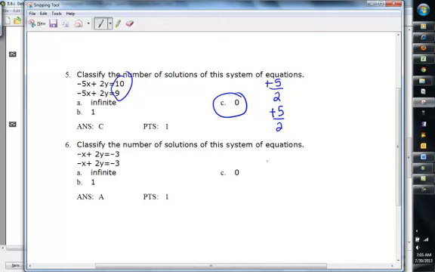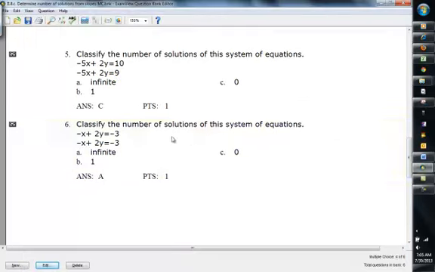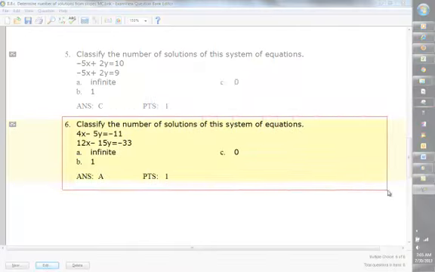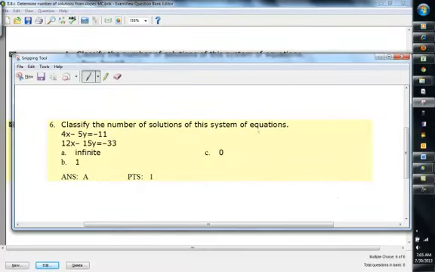In the second case, those two are the exact same lines, so we would say they have an infinite number of solutions. Let's try this one. The slope in the first case is 4 over 5, change the sign from negative to positive.